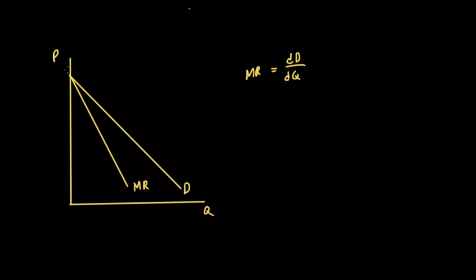It meets the demand curve here at the vertical axis, but then it separates afterwards and looks something like this. And then we have our marginal cost right here. We'll just label this MC.